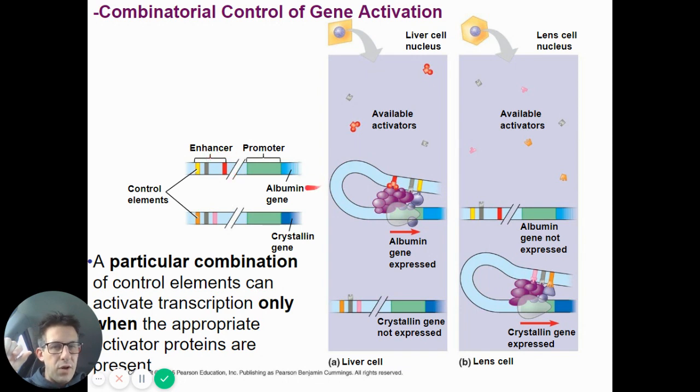The DNA will curve over back on itself, and it will bind to specific transcription factors right here in the promoter region. And so when we get these very specific activators available in this very specific cell, it is this enhancer region that will bend back on itself and initiate transcription of this particular albumin gene.